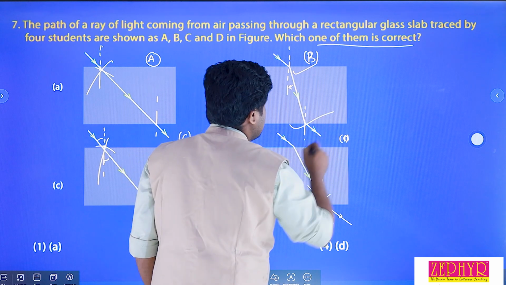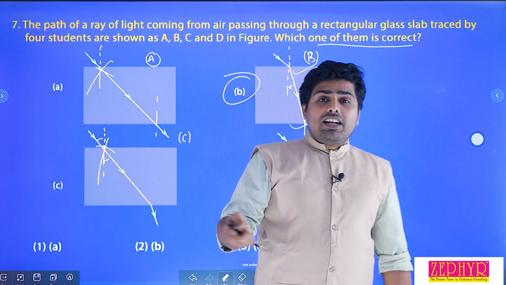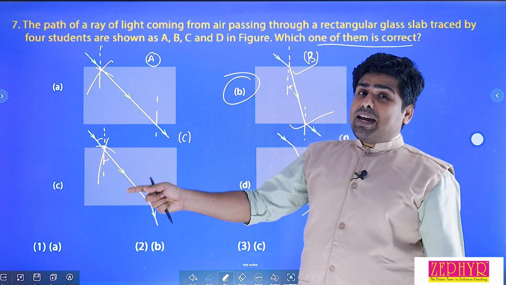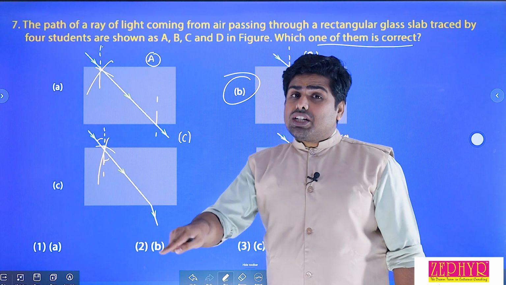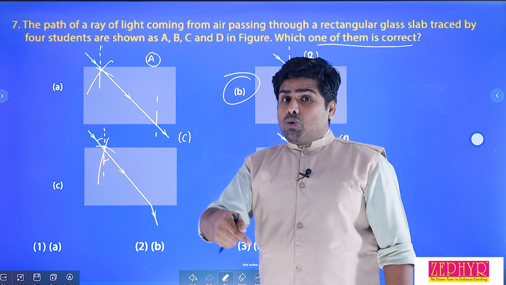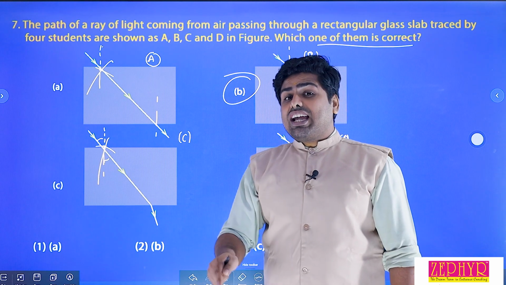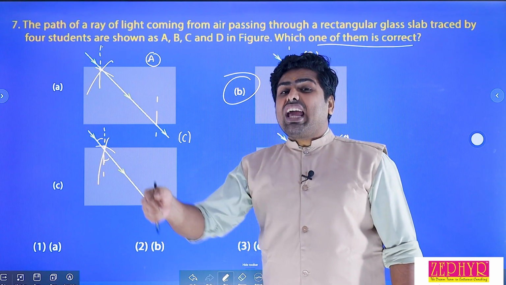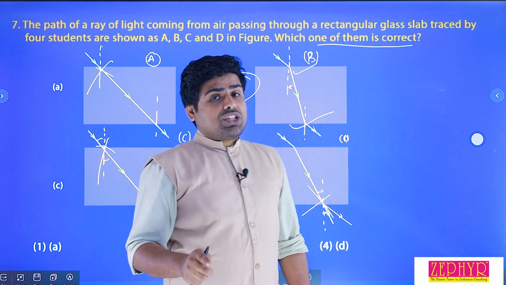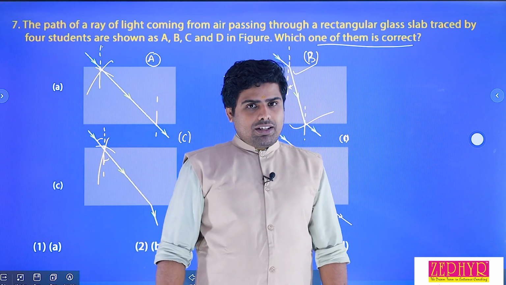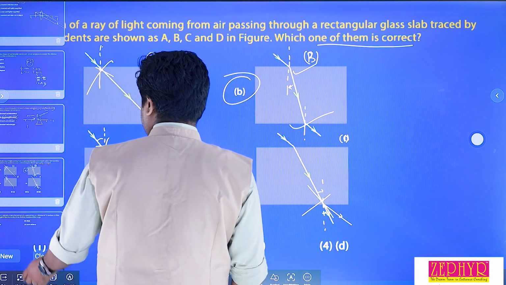Yes, that is correct. So here the right option is option B. When the light ray travels from a rarer medium to a denser medium, after refraction the light ray moves towards the normal, but when it moves from a denser medium to a rarer medium, after refraction the light ray surely moves away from the normal. That is the important data related to the refraction of light. Clear? Okay, so I am moving to the next question.